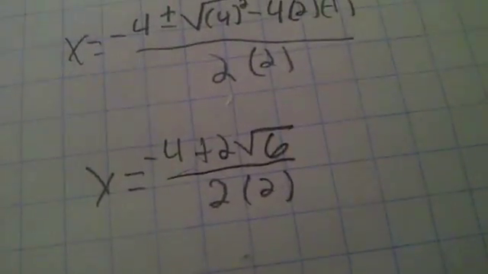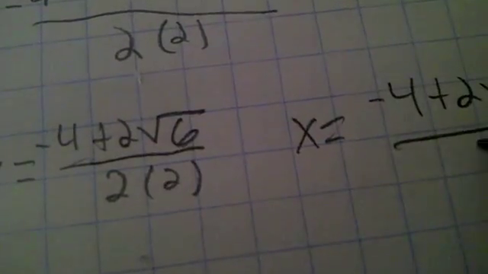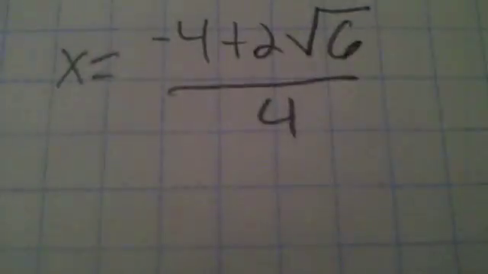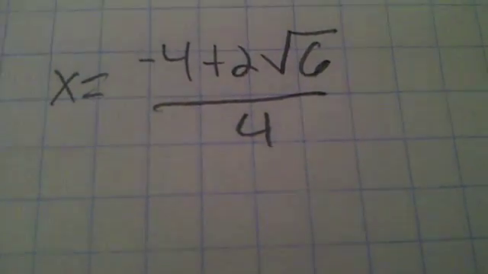Now simplify the denominator of the quadratic formula, which is going to be x equals minus 4 plus or minus the square root of 24 over 4. Okay? It's actually pretty easy. I mean, you just have to pay attention.